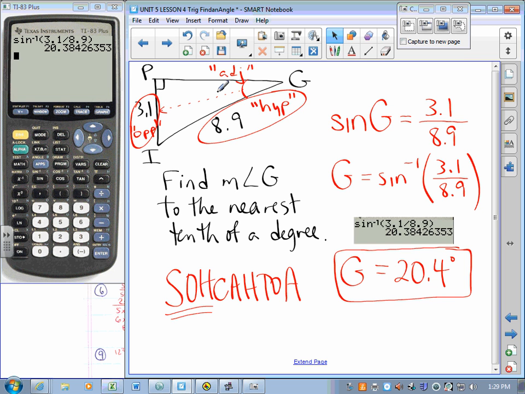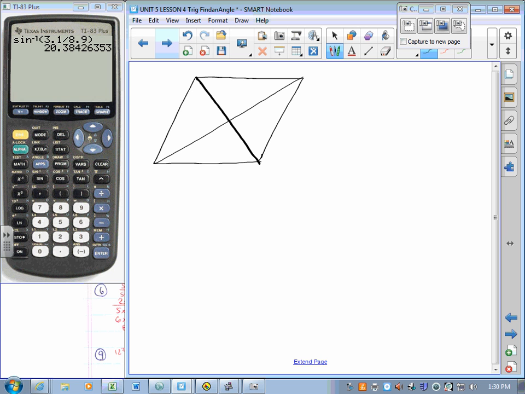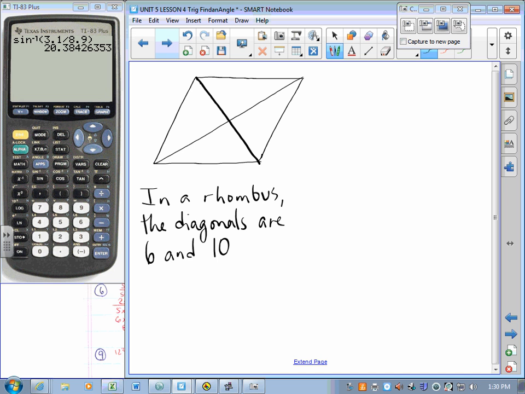We doing okay? I sure hope so. So how does this all work? What kind of nasty question can I throw your way? Well, consider the following. This is a rhombus. In a rhombus, the diagonals are 6 and 10.